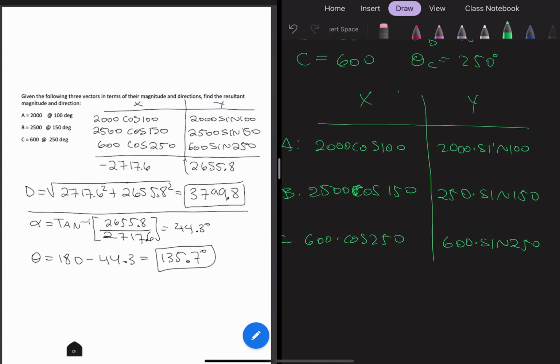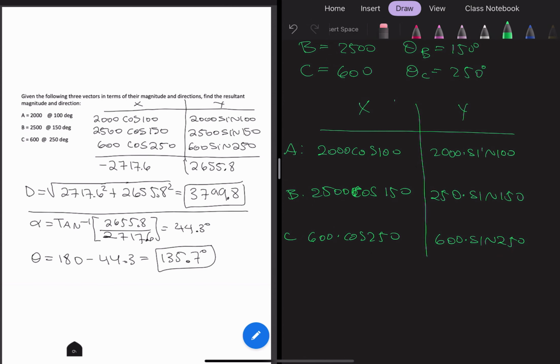And once you calculate those numbers, you should get that the resultant in the x direction is going to be minus 2717.6, and the resultant in the y direction is going to be positive 2655.8.